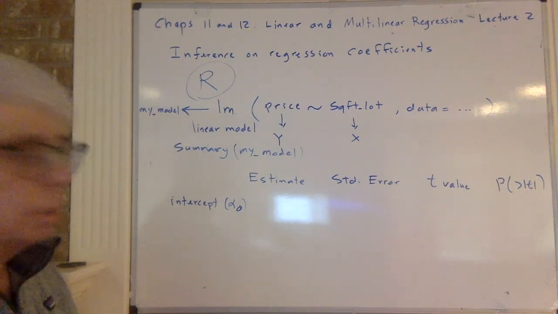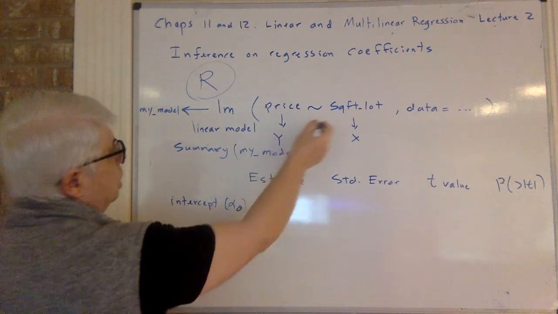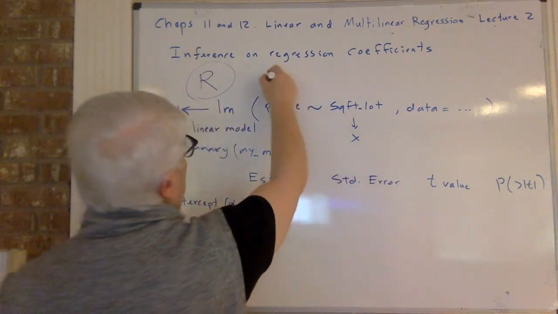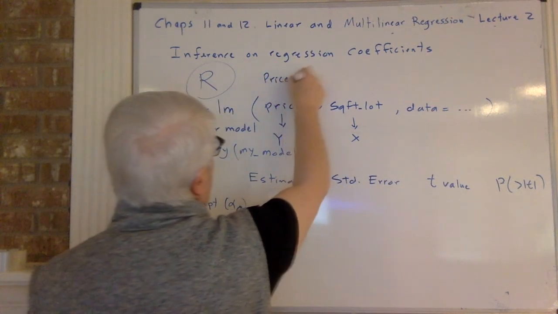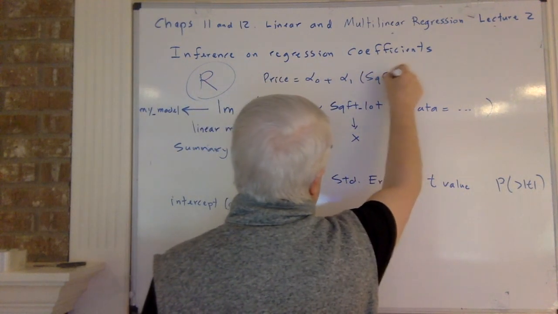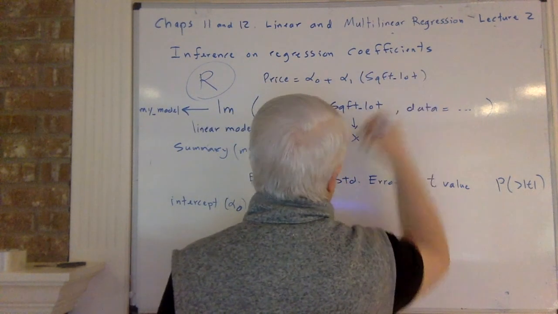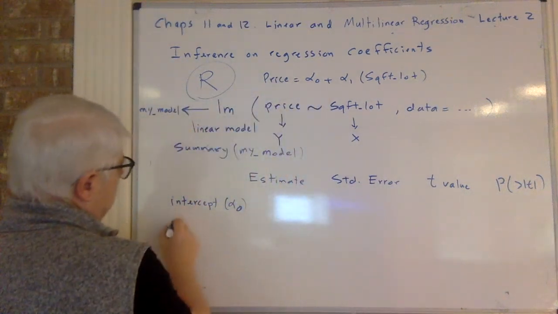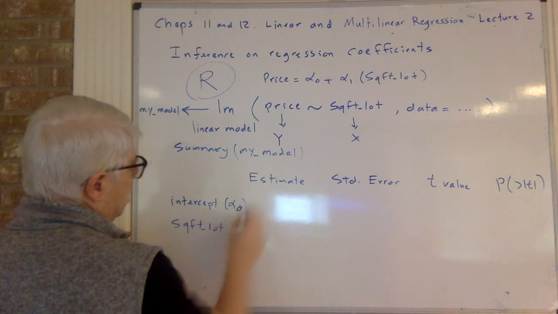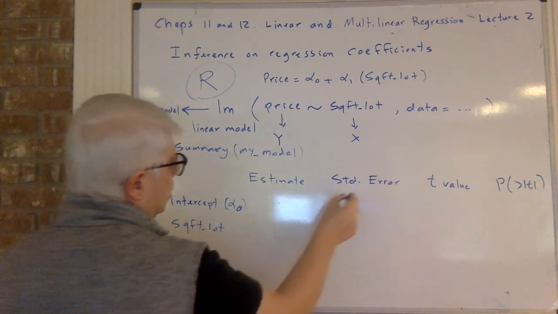Then, since this guy is like this, let me write it here. So we are saying that price is alpha 0 plus alpha 1 times SQFT of lots. So here it says SQFT plot, and it gives the estimates.